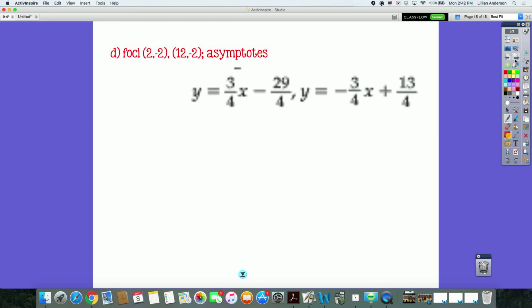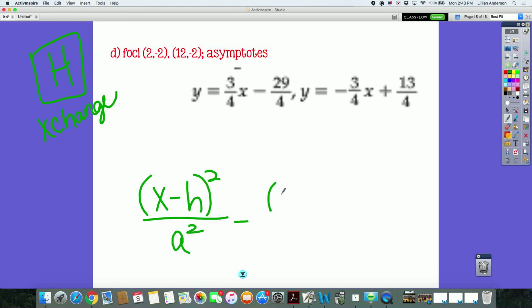Since our x's change, we know that it's going to be horizontal. So again, anytime the x-coordinates change, we know that it's going to be horizontal, which means that our x's are going to be first in our general equation. And since we have the foci, we can go ahead and find our center.